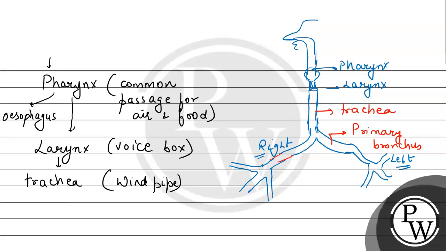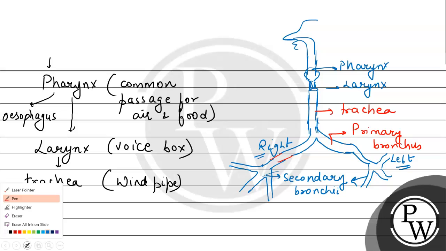The primary bronchus first divides into secondary bronchi. These are all secondary bronchi.